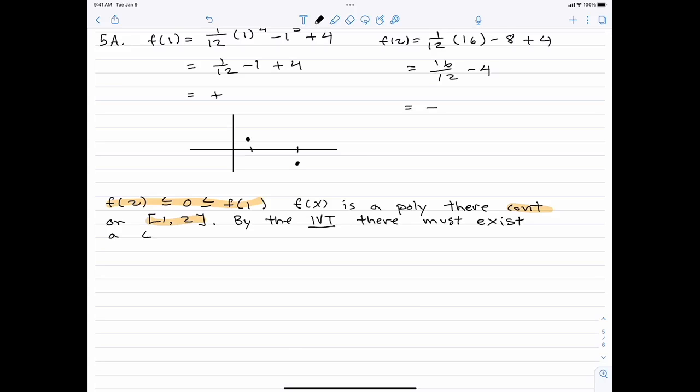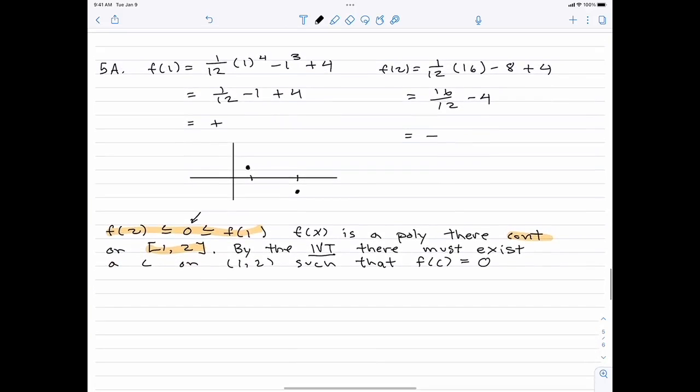Now remember, this c is a domain value, right? So where is this domain value? Where is this x value? It's on the interval from 1 to 2, such that, what's special about it? Well, f of c equals 0. It equals that height value that we were looking for. Okay?